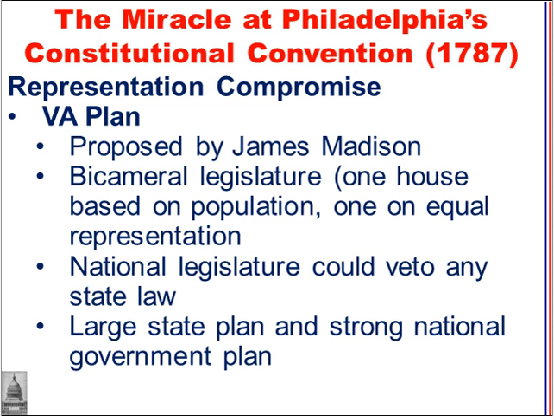It had an executive who was chosen by the legislature and a judiciary which was also named by the legislature. And also the national legislature could veto any state law. So the Virginia Plan is a large state plan, and it's also the strong national government plan.